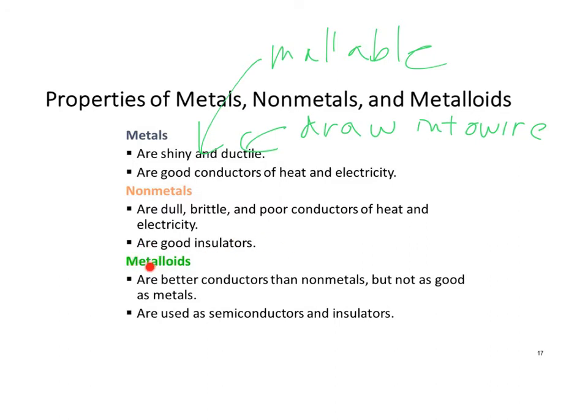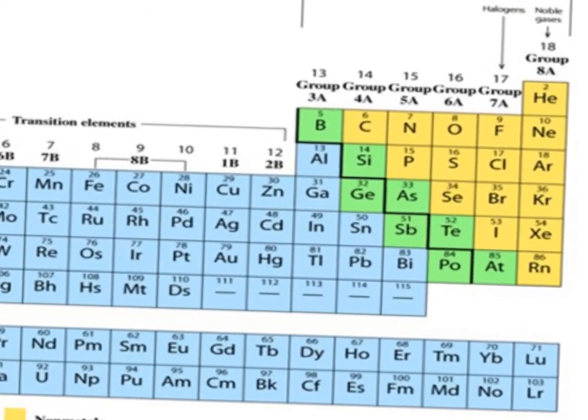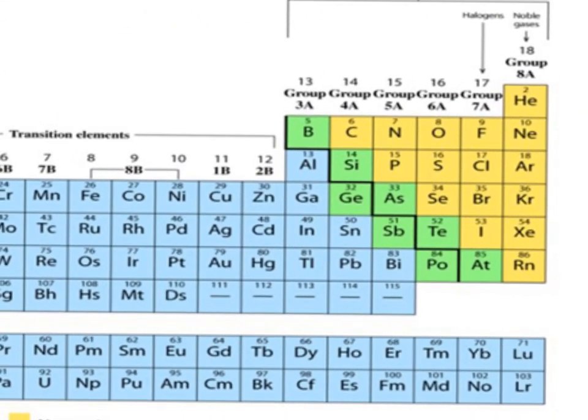Then you have metalloids. Metalloids are better conductors than nonmetals, but they're not as good a conductor as a metal. Now, the fact that metalloids are semiconductors makes them very important. If you go back and look at that staircase step line, notice one of the elements that's a metalloid: silicon, right?